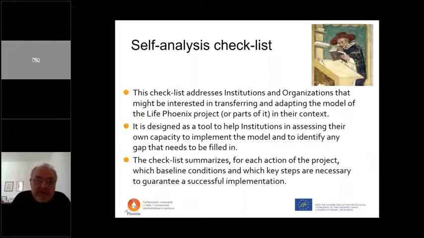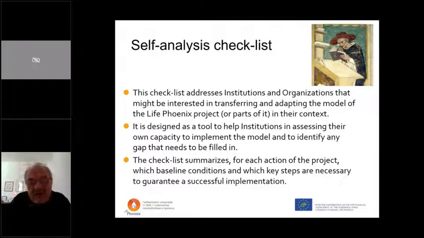The self-analysis checklist is developed for all institutions and policymakers who would like to implement the management model developed under LIFE16. It is designed as a tool to help institutions assess their own capacity to implement the model and to identify any gaps that need to be filled.